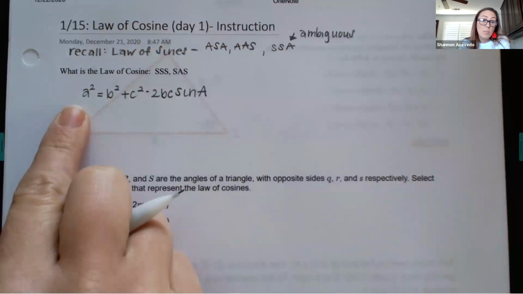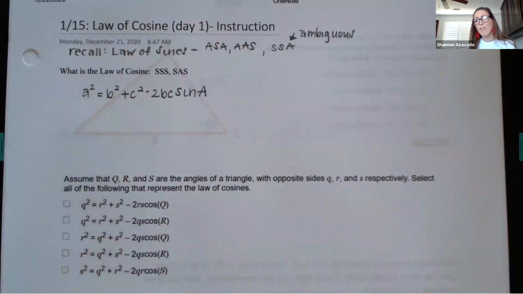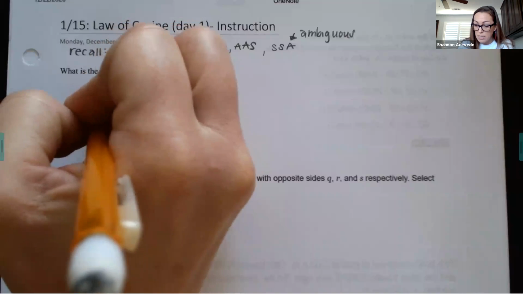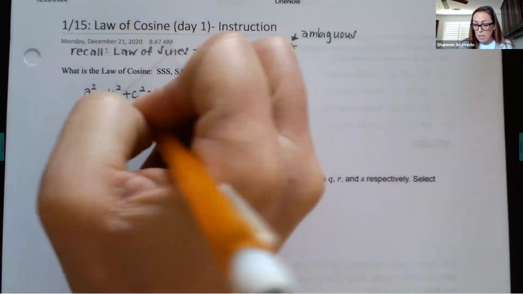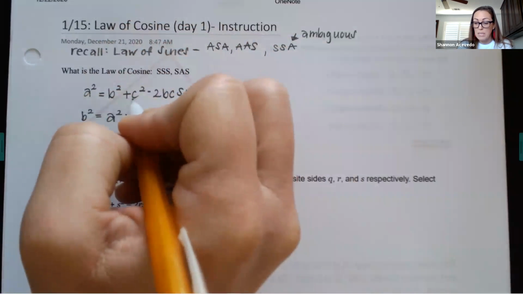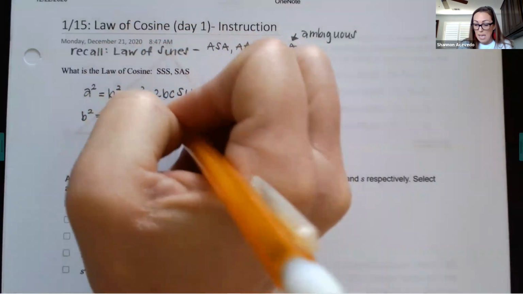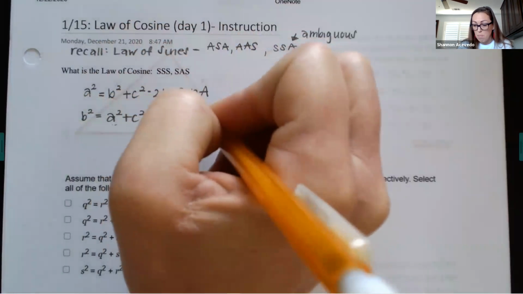So this would be what I'd be using if I was looking for that missing side A. What if it's not the side A that I'm looking for and it's B? Well, then the formula would be b squared is equal to a squared plus c squared minus, so notice this is BC, so this is going to be 2AC, and then it's going to be sine of B.